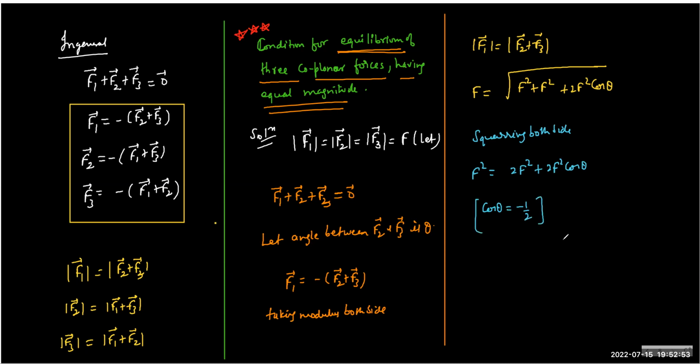Do you realize this? Yes, sir. And therefore, the theta is exactly 120 degrees. Now, do you realize this? Yes, sir. Okay, that's the value. Cos theta is minus half, theta is 120 degrees. Just remember as of now. Okay.